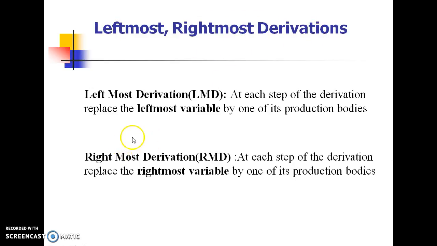In leftmost derivation, at each step of the derivation process, we replace the leftmost variable by one of its production bodies. In rightmost derivation, at each step, we replace the rightmost variable by one of its production bodies. So the ambiguity during the derivation can be solved using one of these methods.